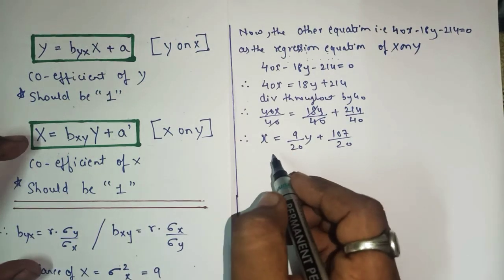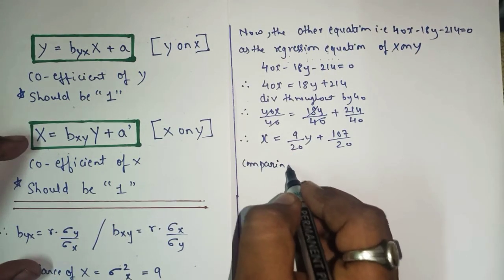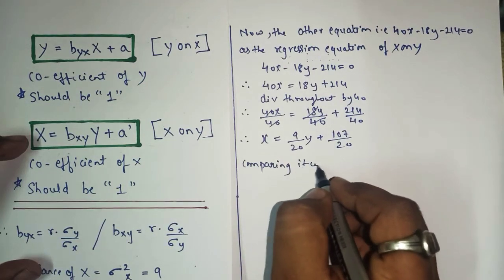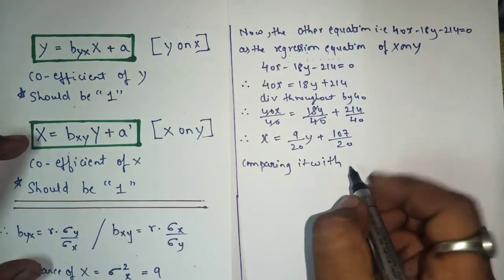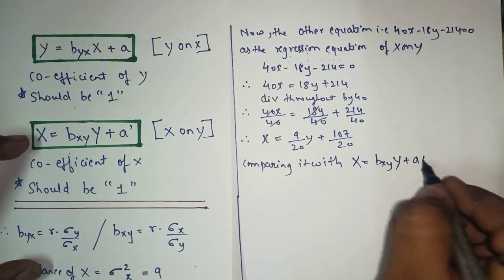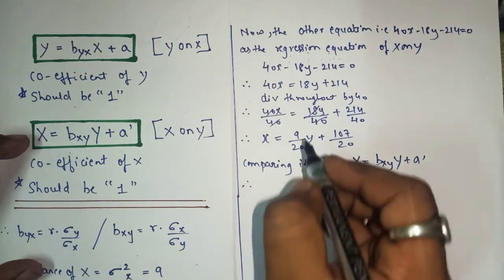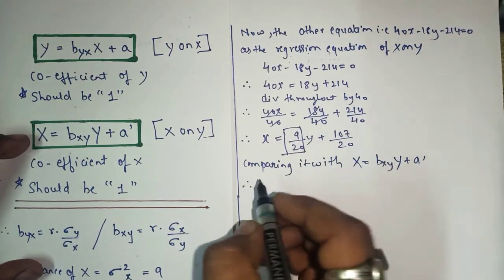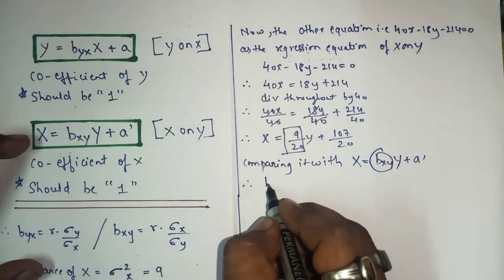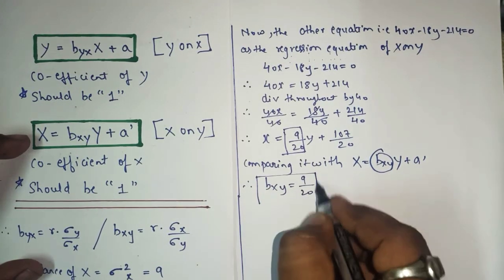So now again we'll compare this equation with x equals bxy capital Y plus a dash. This is known as x on y, yes or no? So clearly we can see that the coefficient of y is bxy, so here bxy is 9 upon 20.